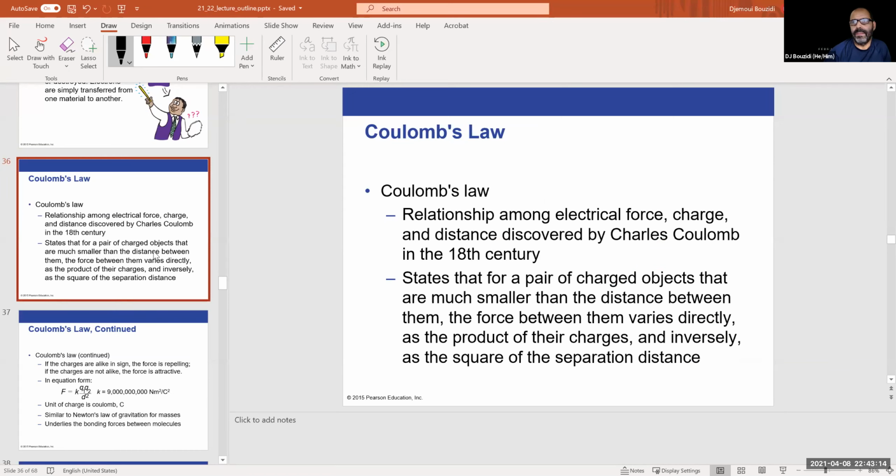So this is Coulomb's law. Mr. Coulomb did a lot of work, but his main contribution was that he collected a lot of the work of everybody else in his time and before him, and put it into a nice law.